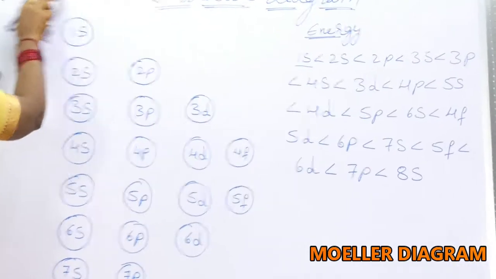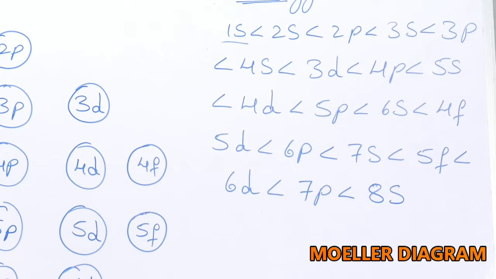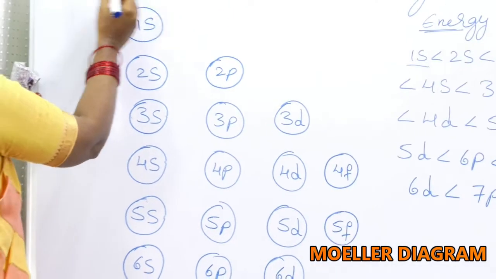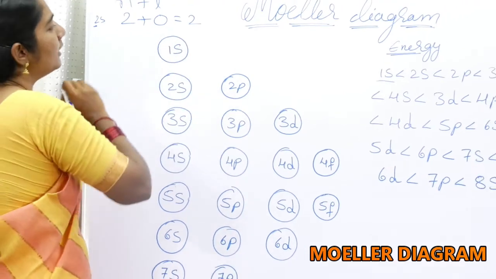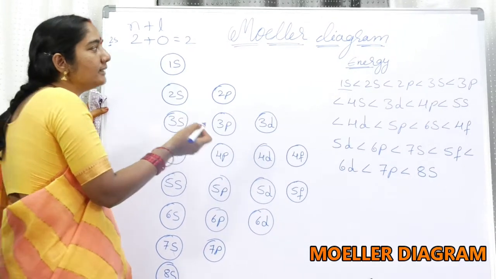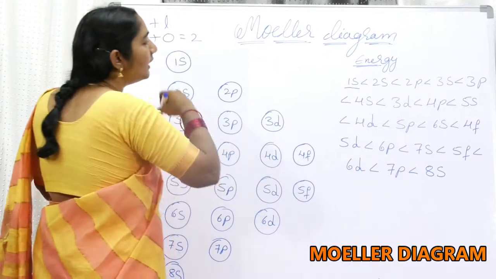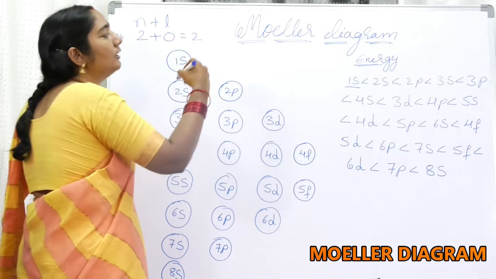In the case of 2s, n is 2 and the l value for the s orbital is 0. So, 2 plus 0 is 2. The n plus l value is 2. So, 1 is less than 2. That's the reason why first the electron will enter the 1s orbital. Next, the electron will go to the 2s orbital.